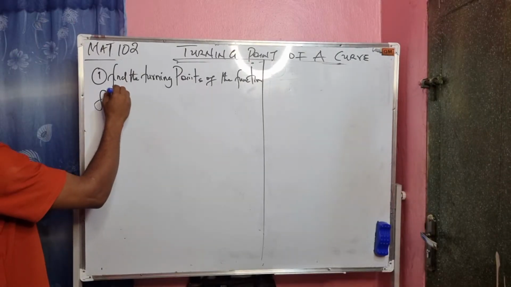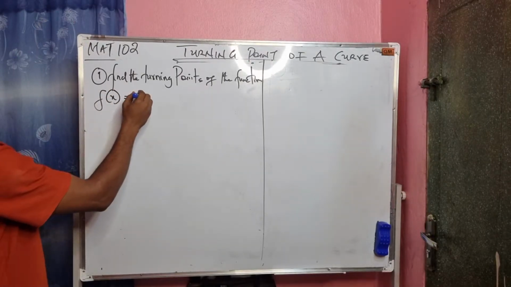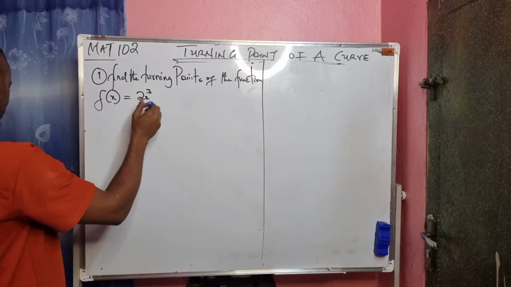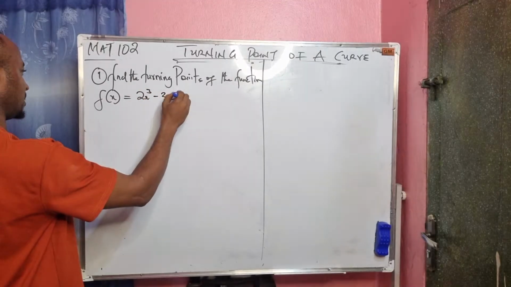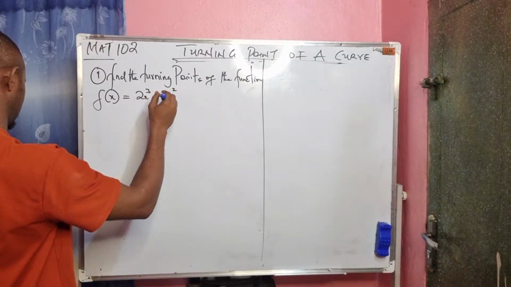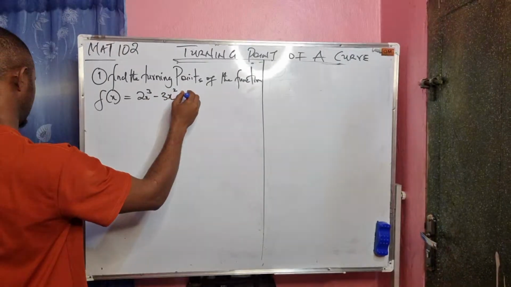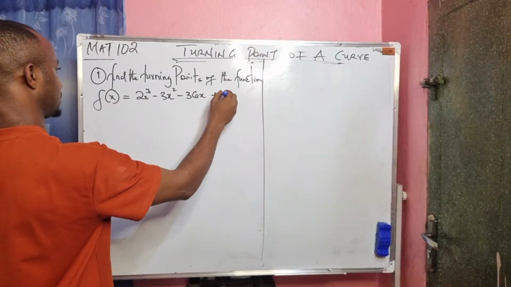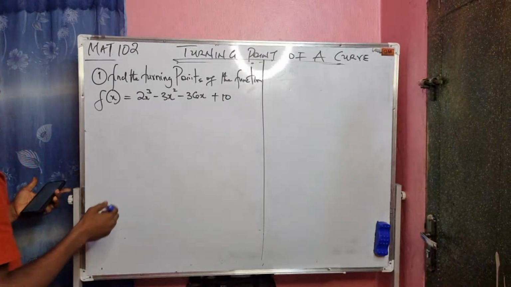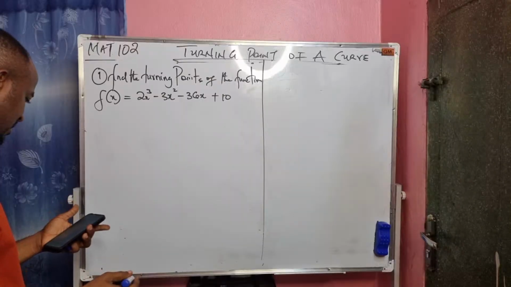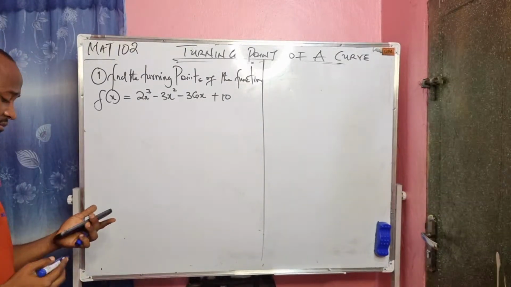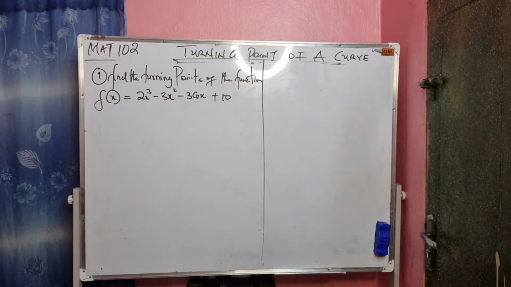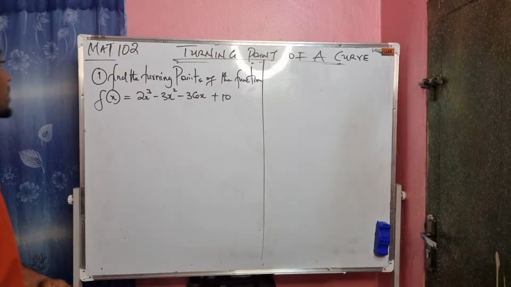The function is f of x equals 2x cubed minus 3x squared minus 36x plus 10. And determine whether each is a minimum or a maximum.